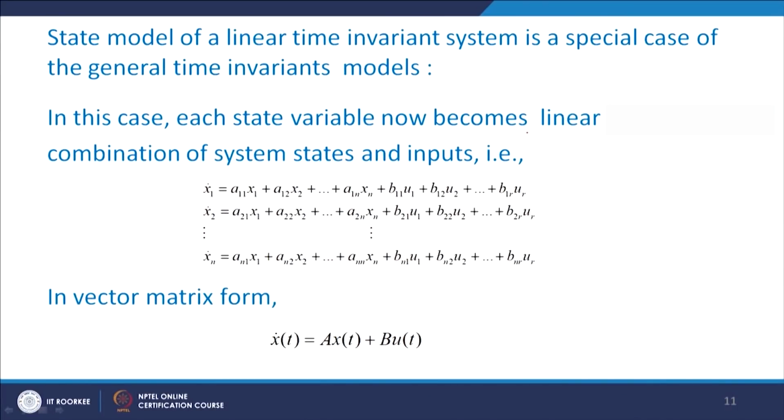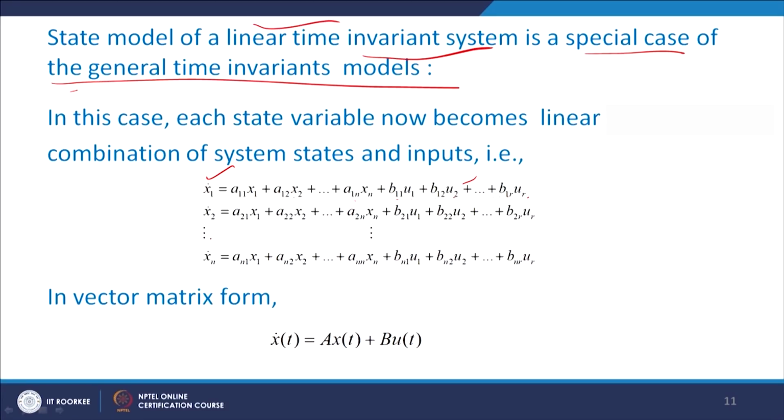Suppose we write the equations in terms of a linear time invariant system form. In this case each state variable becomes a linear combination of the system state and the input, that is x1 dot equals a11 x1 plus a12 x2 plus up to a1n xn plus b11 u1 plus b12 u2 plus up to b1r ur. These are nothing but the special case of the general system, that is, the linear time invariant system form.